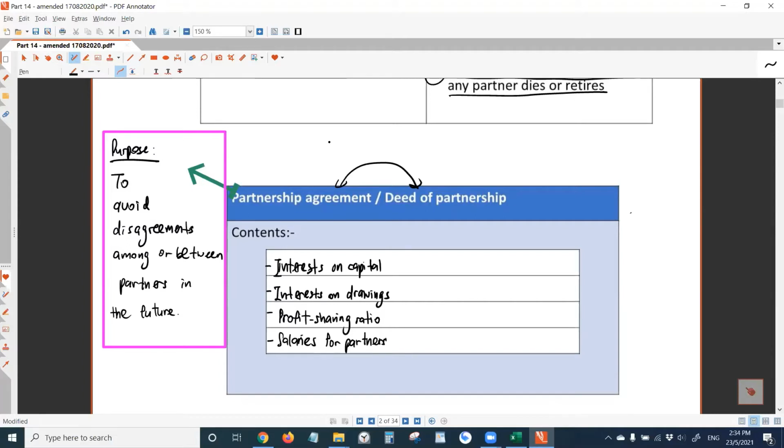After that, do some more writing to show the explanation for these four contents.